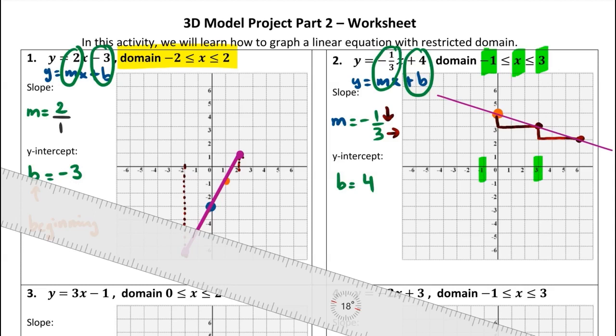This is where we use the scissors. At x equals -1, we're going to cut it right here. We chop it right there, so that gives us everything in the middle. And then at x equals 3, we cut it right here.